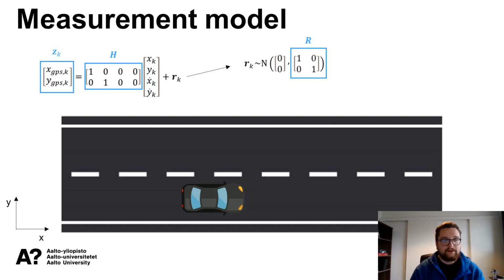We call the measurement zk, the measurement at time step k. This matrix on the left, we call capital H, which basically represents the link between the state space and the measurement. And on the right, we call this measurement noise covariance capital R. Okay, and then how do we perform the update step?